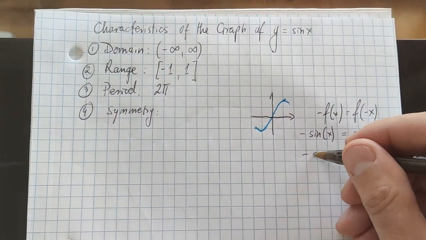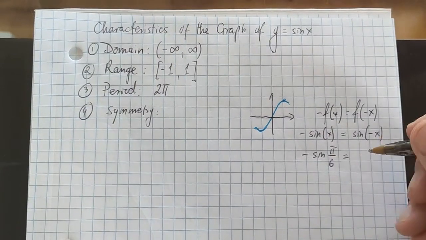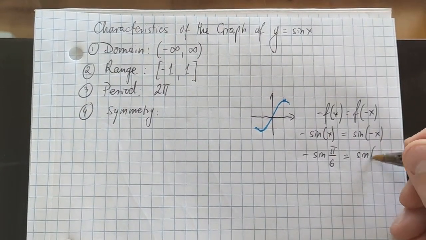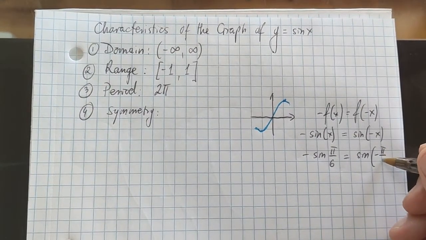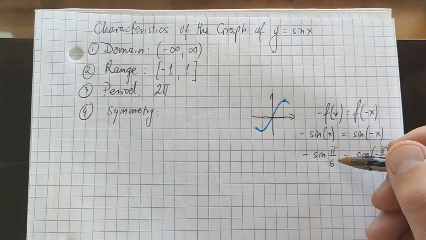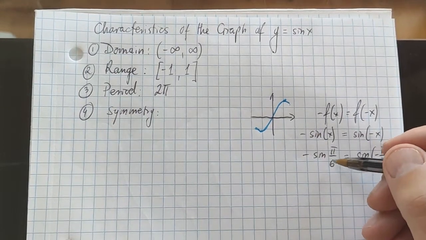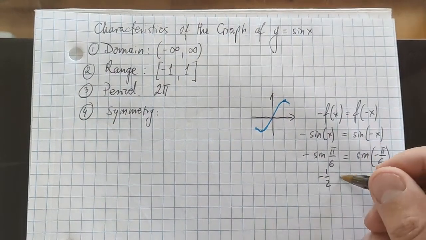If you don't believe me, you can check it. So negative sine of pi over 6 should be the same as sine of negative pi over 6. Sine of pi over 6 is 1 over 2, with a negative, so negative 1 over 2.